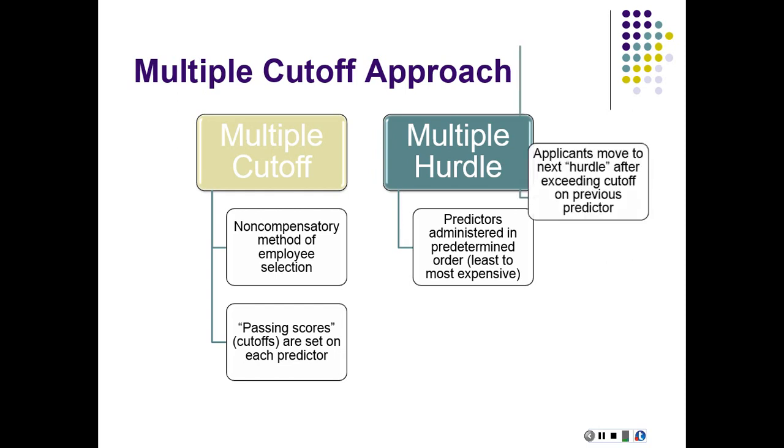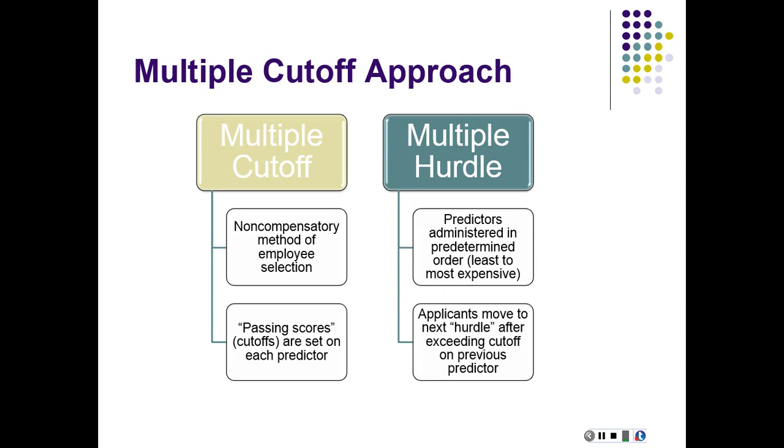And those people who exceed the cutoff for that hurdle move on to the next predictor. And so that way you can put the majority of your resources into screening ever more diligently those people who have the characteristics that at the minimum you need, and then a little bit above minimum they still have those characteristics, a little bit above that they have those characteristics, and then you move closer and closer to a person who's hireable.